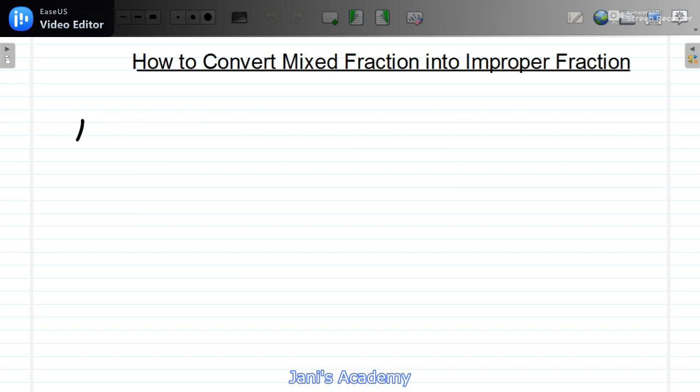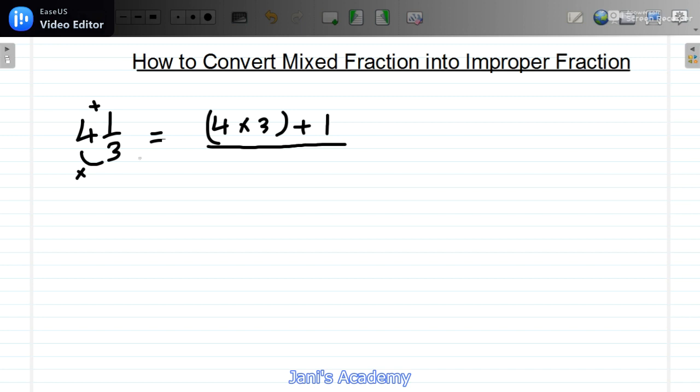Same thing, I can take 4 1 upon 3. If I want to convert this into an improper fraction, I have to multiply these two numbers, and to the answer I have to add 1. Let's say 4 into 3, then plus 1, and the denominator will remain the same.